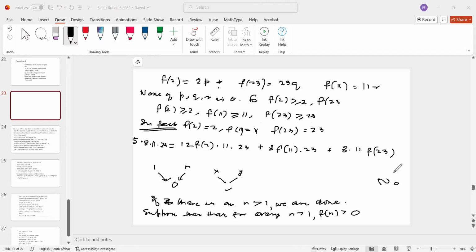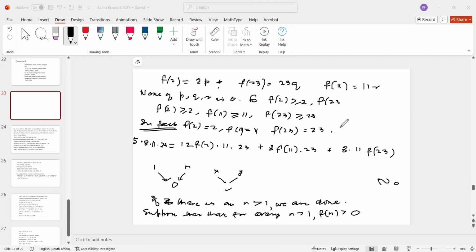Right. Now, why do we say that? Okay, we say that to prove this now, we can prove by contradiction. Suppose one of these is false. Say f of 11 equals 11 is false.